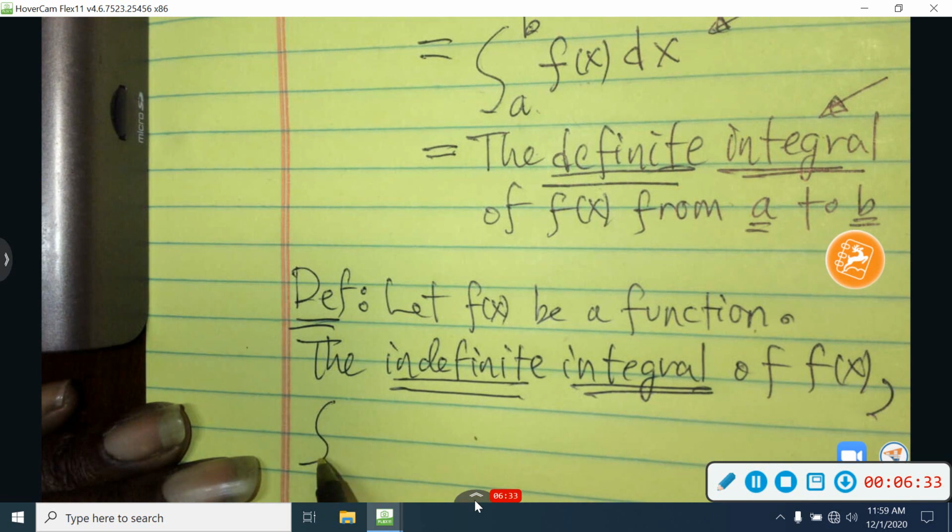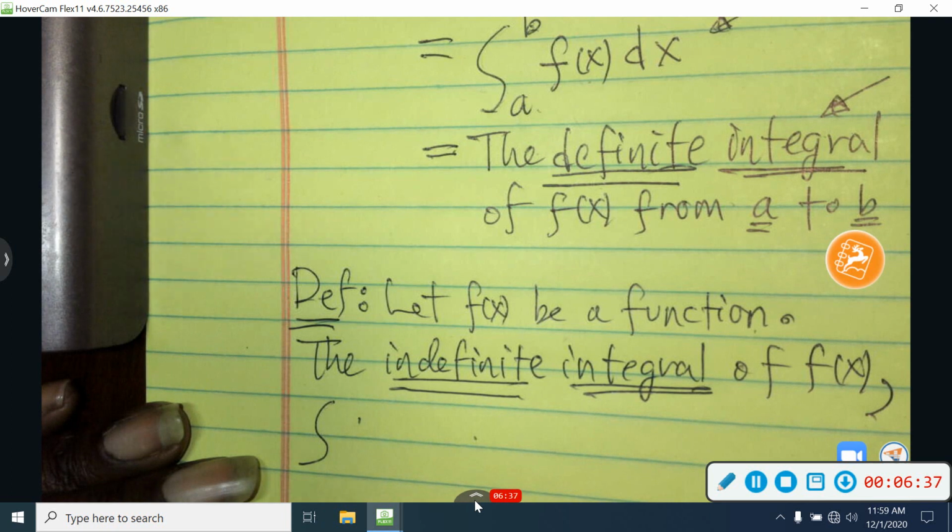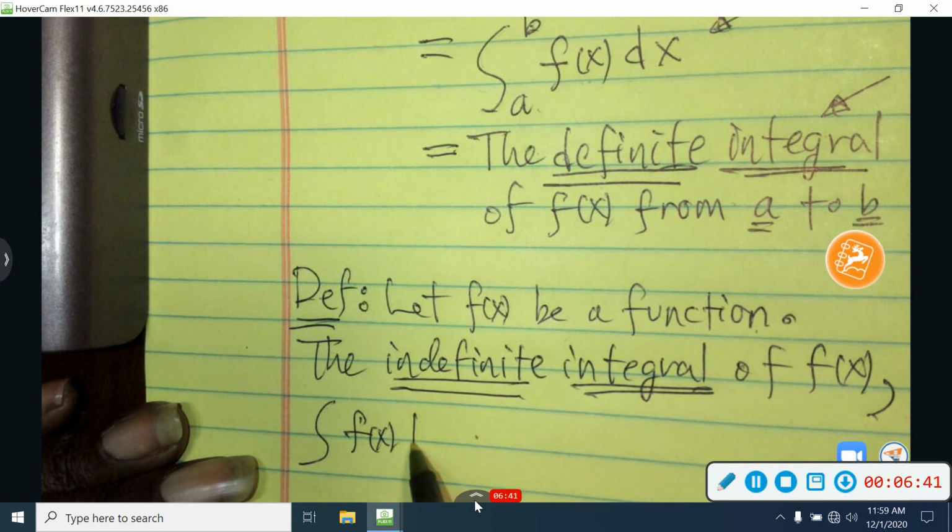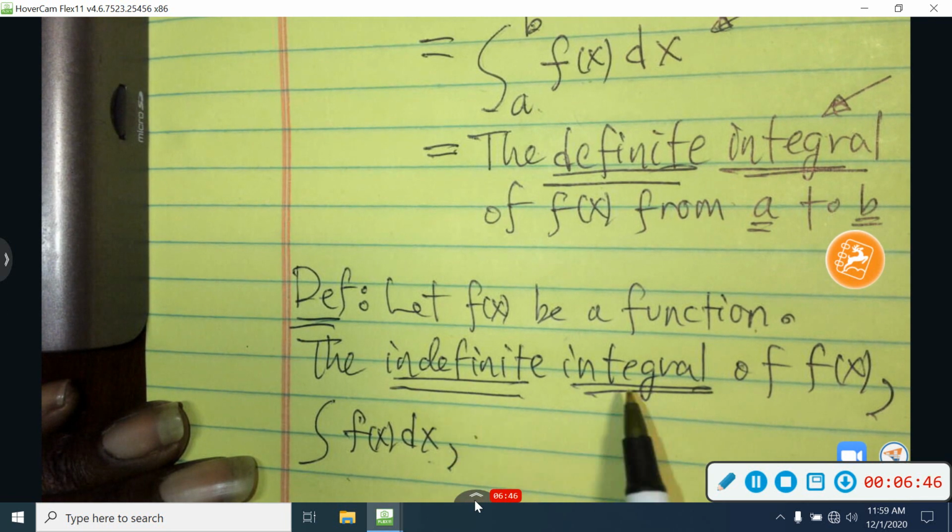It's written this way. Another s-like figure, and then the function here, and then a dx. So that's the notation for it. The words are called indefinite integral of f. The notation for it is this.